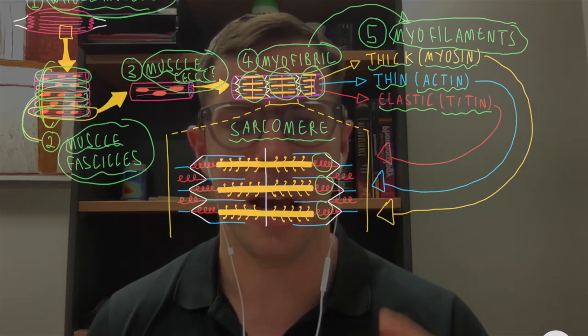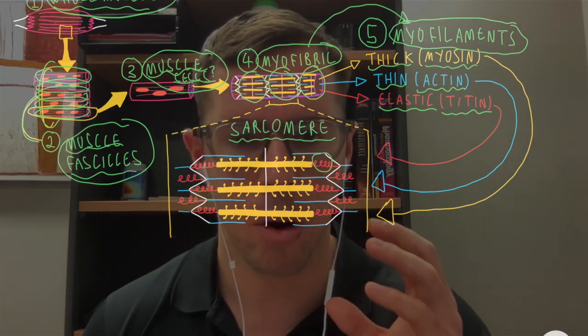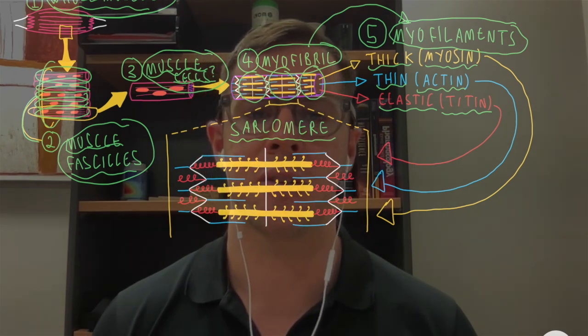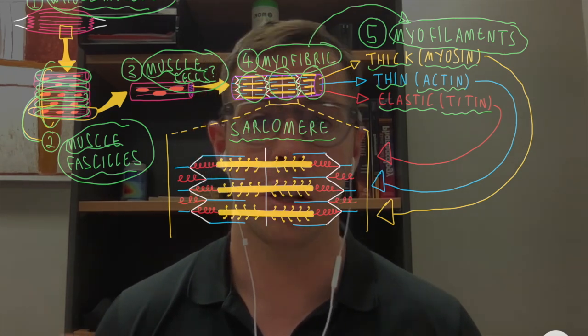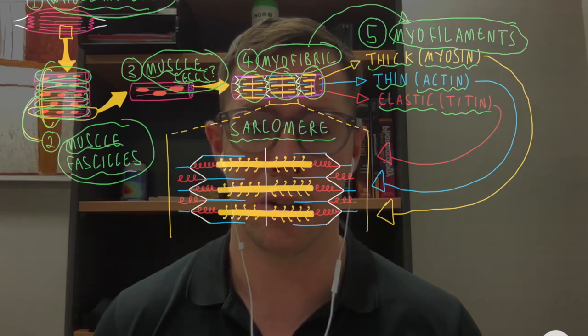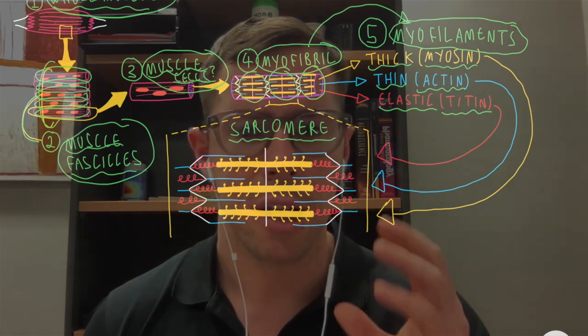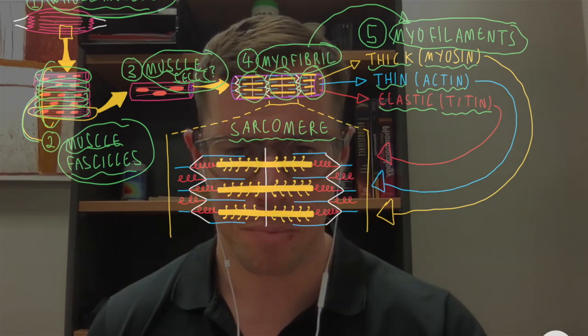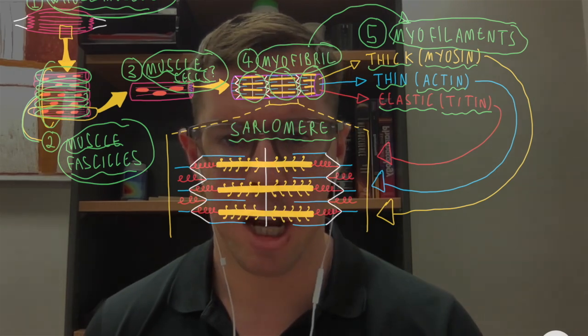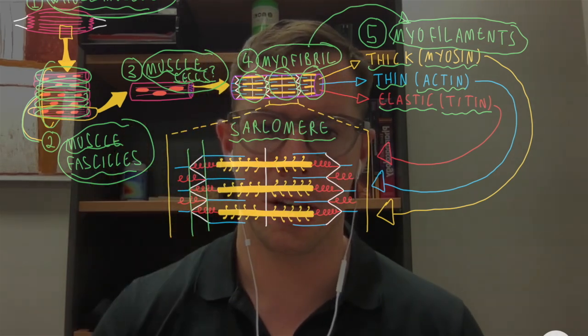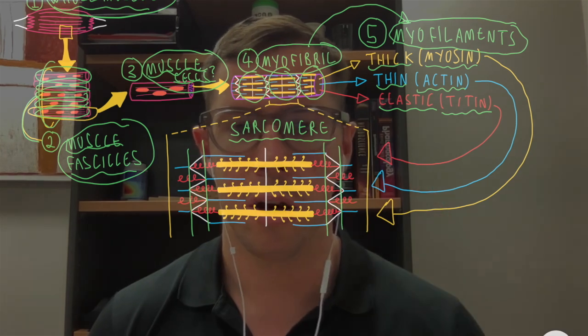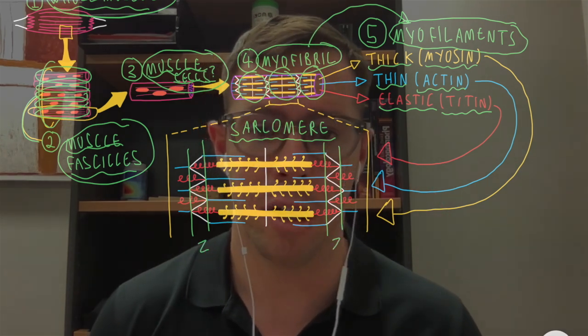When looking at a sarcomere, you may also notice there are many parts of it that are labeled as lines, bands, zones, or discs. Let's quickly break this down. A single sarcomere is from Z disc to Z disc, or sometimes called Z lines.